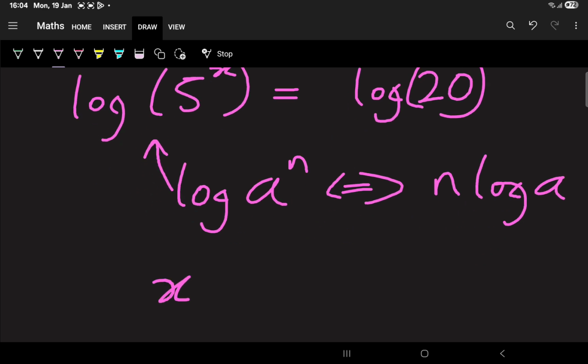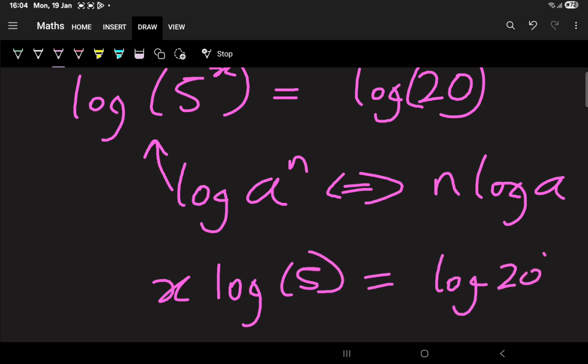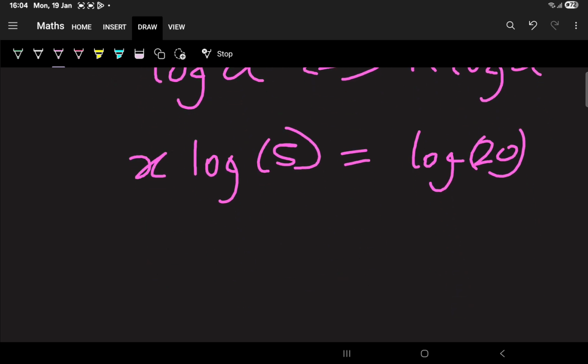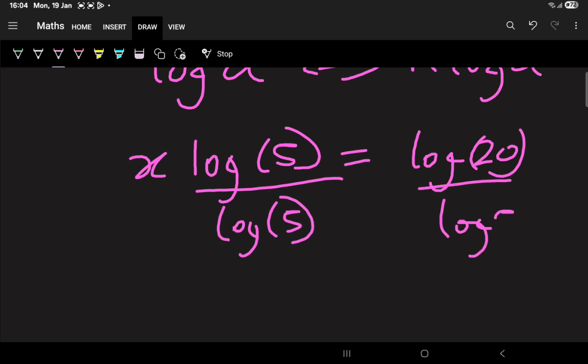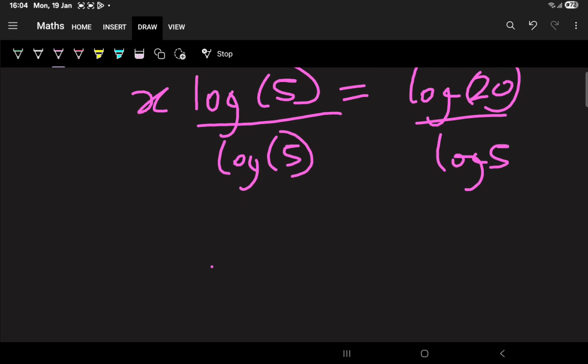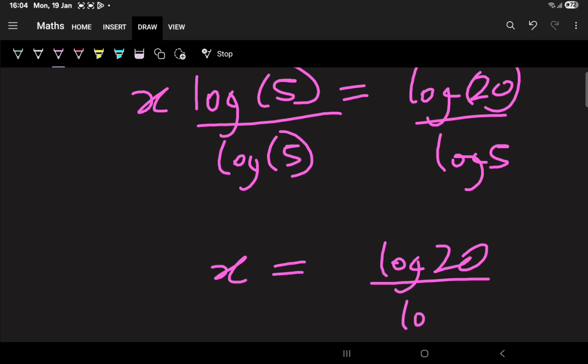So this is going to be x log 5 is equal to log 20. Now, divide both sides by log 5, and we're going to have x is equal to log 20 over log 5.